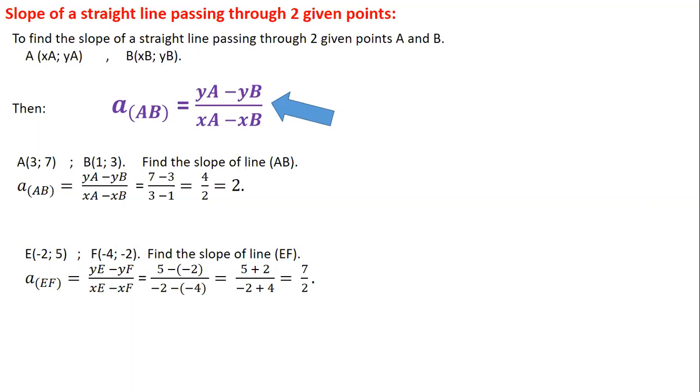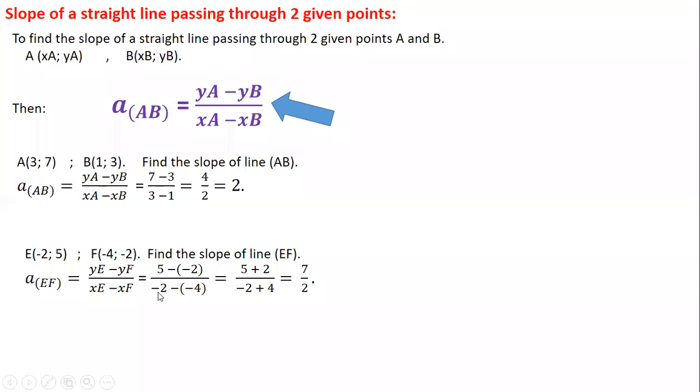YE, how much is YE? What's the ordinate of E? 5. Minus, what's the ordinate of F? Minus 2. Can I, Mariam, replace minus and minus directly after each other, or should I replace it between parentheses? I should replace it between parentheses. That's why I used parentheses here, because I have a minus and a minus after each other.